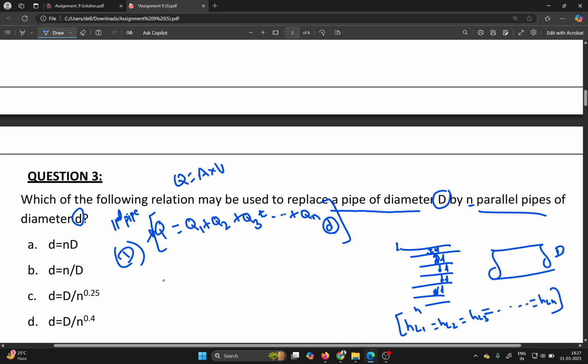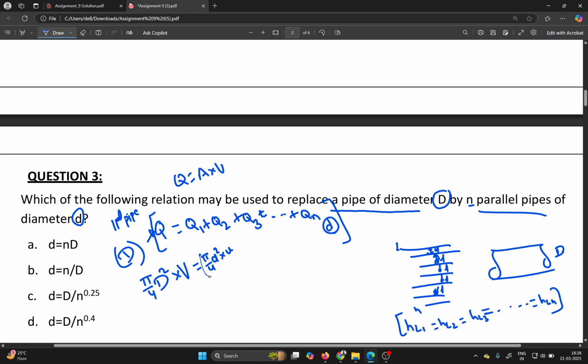Similarly I want to put it here. The area, pi by 4 if it is a circular pipe, capital D squared, into velocity, let us suppose capital V. If the diameter is the same, the area will be the same, so for the small pipes, pi by 4 into small d squared into u, not squared, only u, area into velocity. Similarly for Q2, and for Q3, all will be the same.